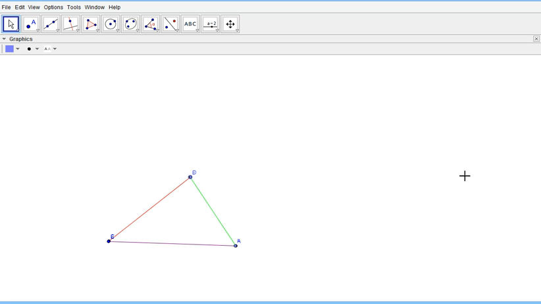Now I'm going to try another three sides, and because I'm pretty tricky, I've already created three different sides. And there they are. Now these three are duplicates of these three.